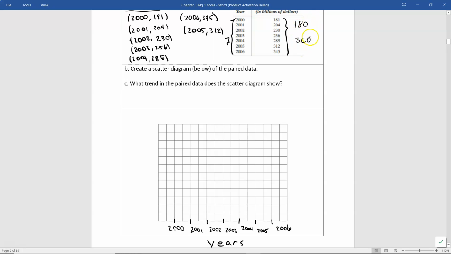I round it up, in this case, from 180 to 360, because if I were to instead keep it at 345 or 350, the distance between 180 and 350 or 345 isn't very pretty. So let me show you what I mean.